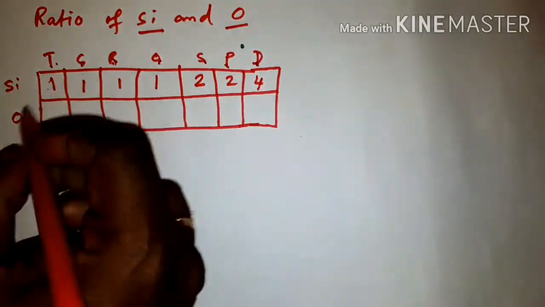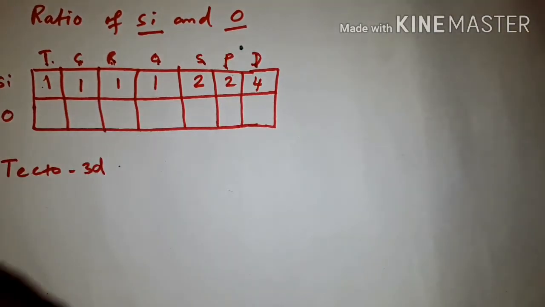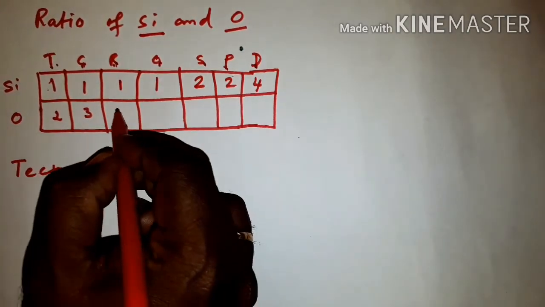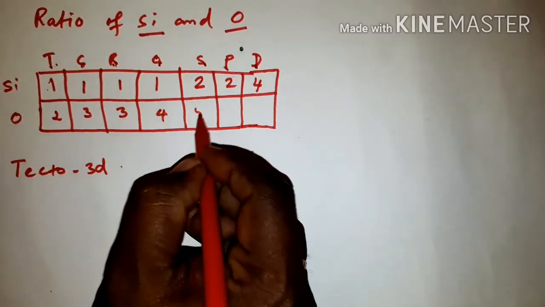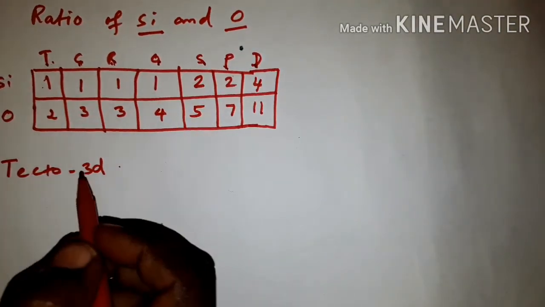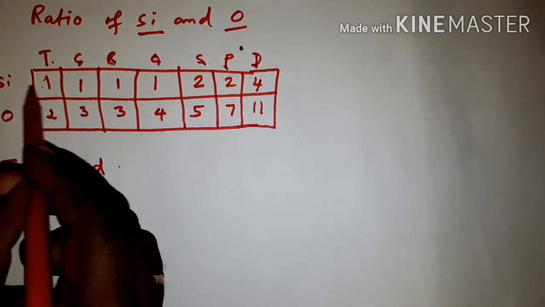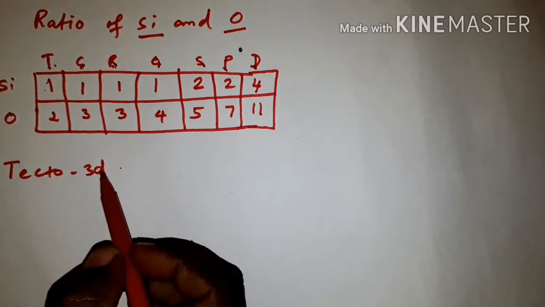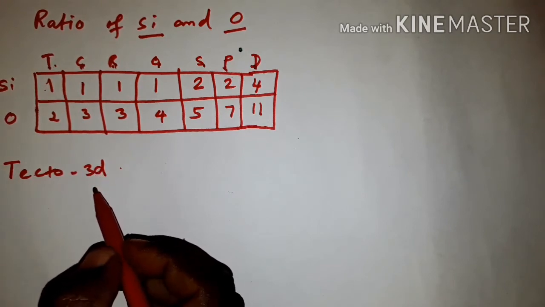These all are the number of silicon atoms present in the types: 2, 3, 4, 5, 7, 11. Okay, so these are the ratios. If the silicon atom is 1, then it will be 2 in tecto, that is three-dimensional silicates.